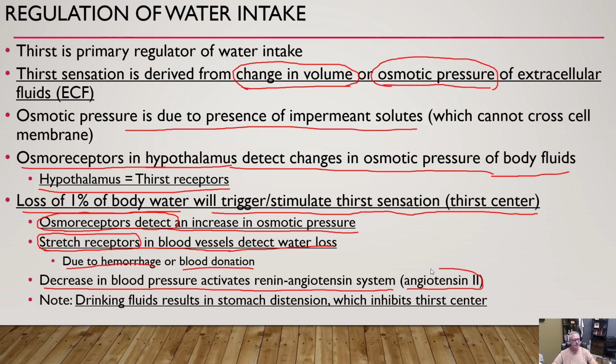But angiotensin 2, remember we talked about angiotensin, that angiotensin 2 will trigger your thirst center as well. Those thirst receptors in your hypothalamus. Angiotensin 2 will also trigger you to drink fluids.